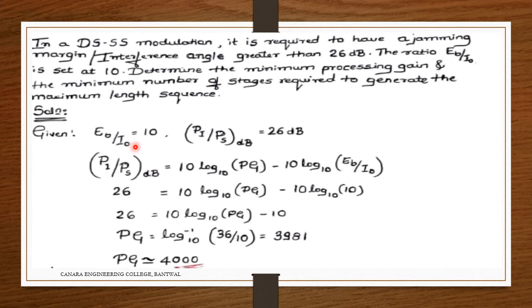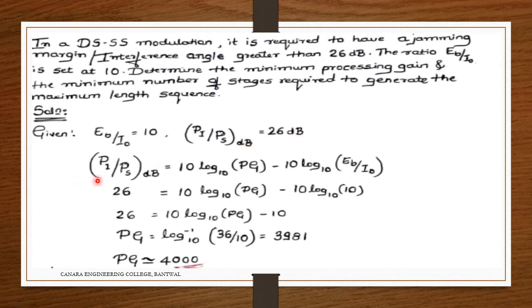Given Eb by I0 is equal to 10, Pi by Ps in decibels is equal to 26 decibels. That is nothing but the jamming margin or interference margin, both the same, given as 26 decibels.